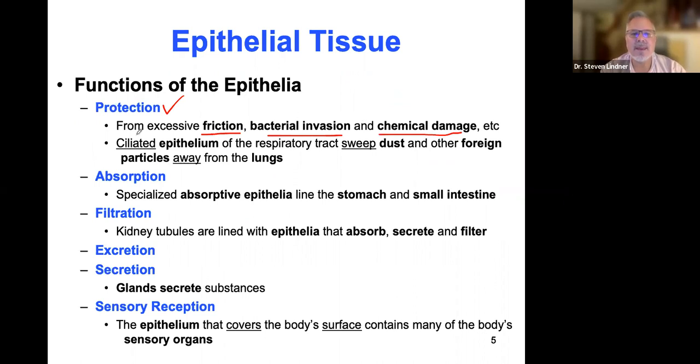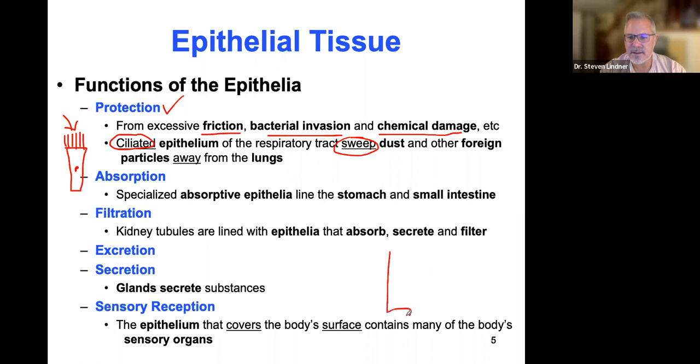Certain epithelium have cilia on it, and really cilia are just these hair-like extensions like this that we'll find at the end of, let's say, an epithelial cell like this. There's the nucleus. So we have cilia on the top, and these cilia can beat rhythmically, and they have this sweeping action. So let's say, see if I can draw this here.